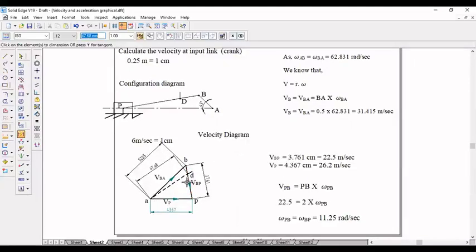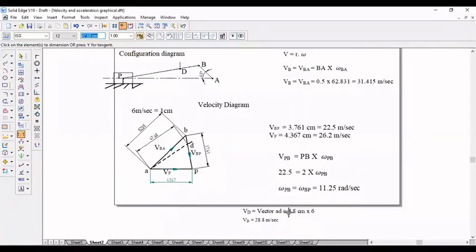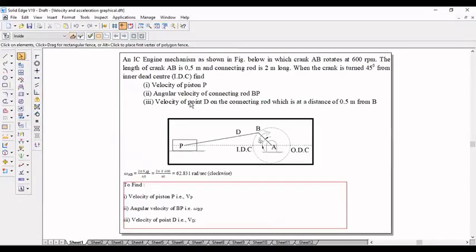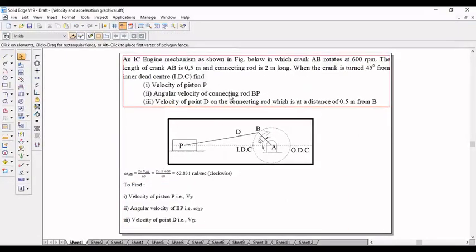So this is just a distance. You should convert that into the velocity. So 4.8 centimeter, I multiply by the scale value, that is 6. That is the scale value I have taken. I have got the velocity as 28.8 meter per second. So by this, I have got the answer even for this question.